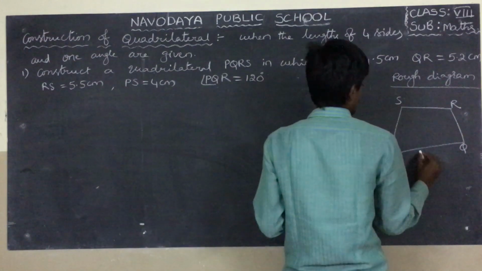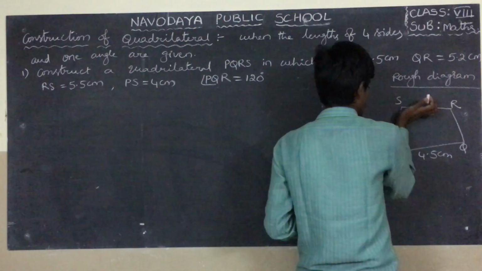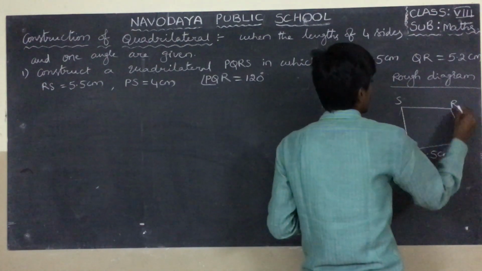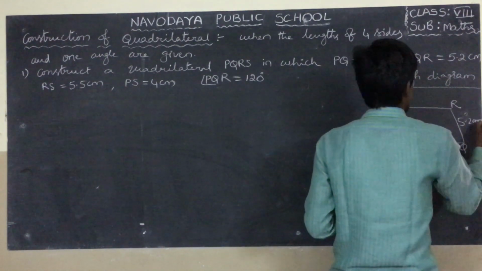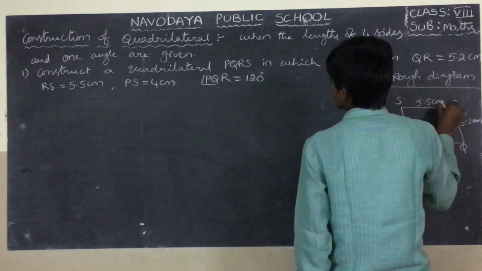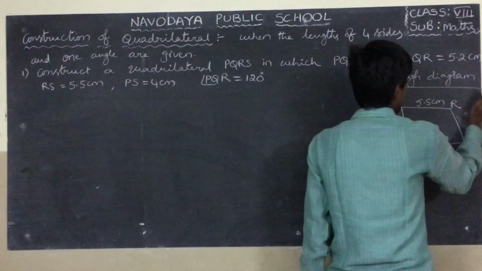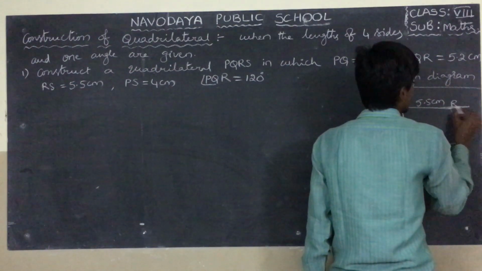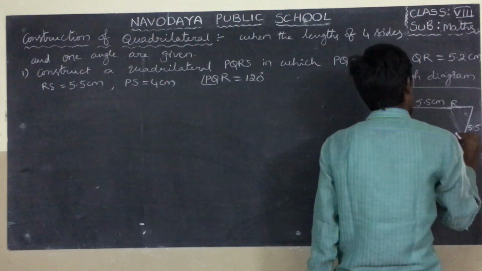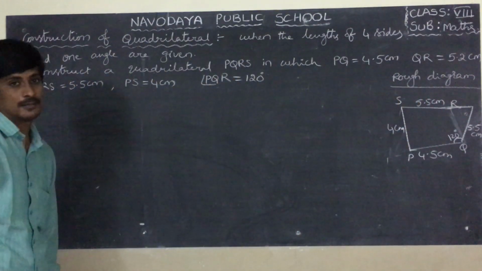PQ 4.5 centimeters, QR 5.2 centimeters, RS 5.5 centimeters, PS 4 centimeters, angle PQR equals 120 degrees. This is the rough sketch.